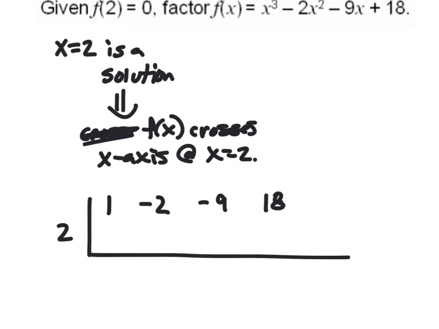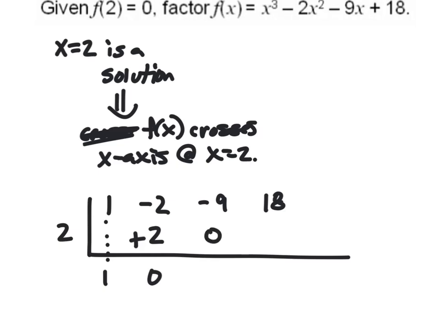So I'm going to drop down the 1, and that gives me a 1. Then I take 2 times 1, which gives me a +2. If I take -2 plus 2, that gives me a 0. Now I take 2 times 0, which gives me 0.